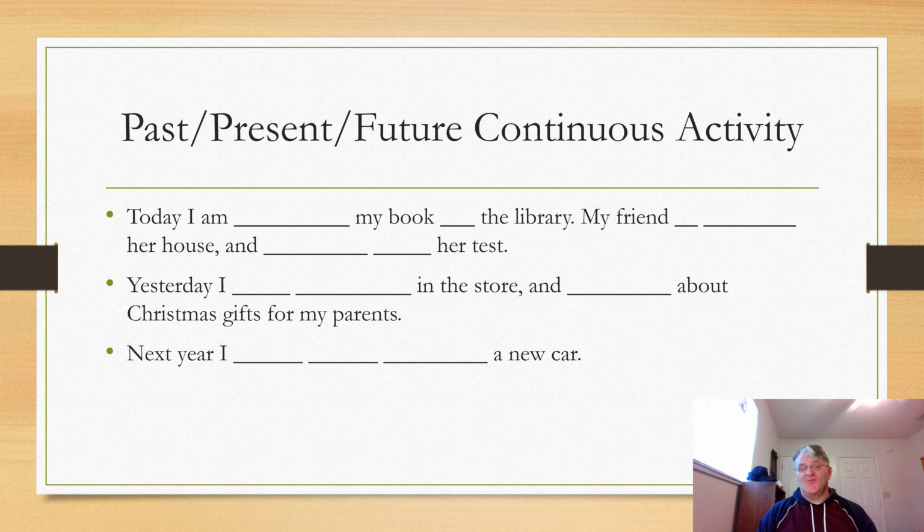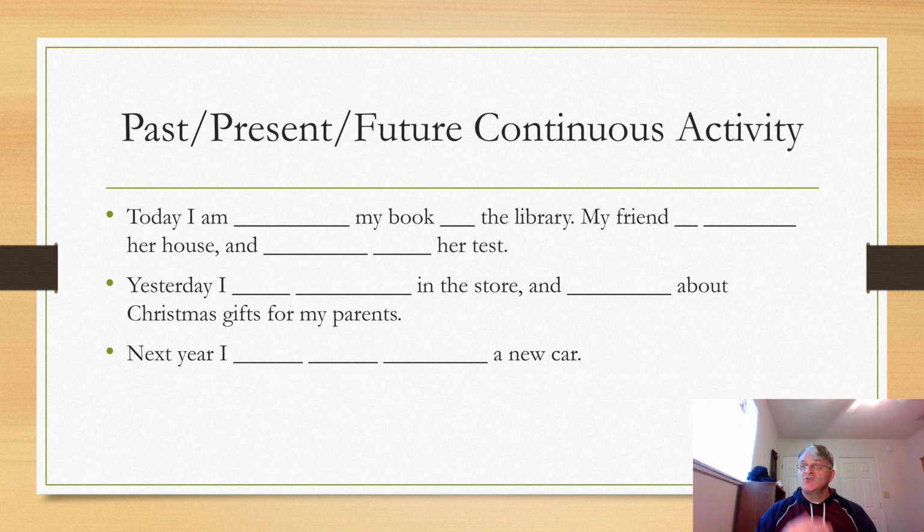Yes, on the weekend, sometimes the house gets a little dirty. Good time for cleaning. So my friend is cleaning her house. Okay. And she's doing something else. She has a test on Monday. And studying for her test. Great answer. Yes. I heard reviewing for her test. That's also an excellent answer.